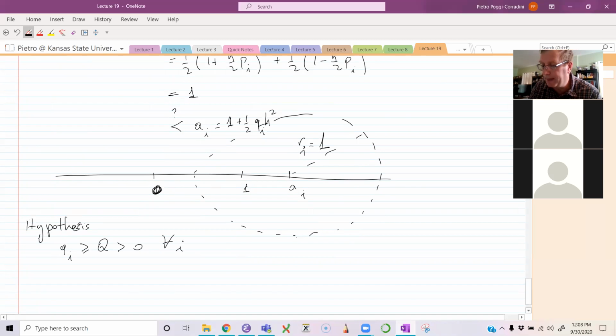So the Ai are going to be kind of uniformly away from 1. Because h squared is positive, 1/2 is positive, qi is positive. It works out really well.